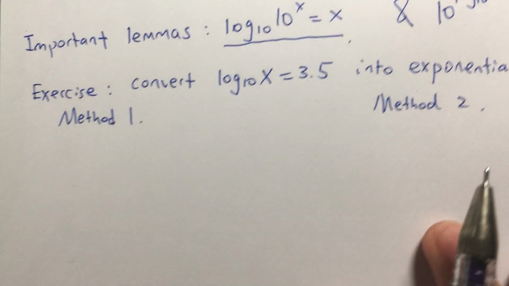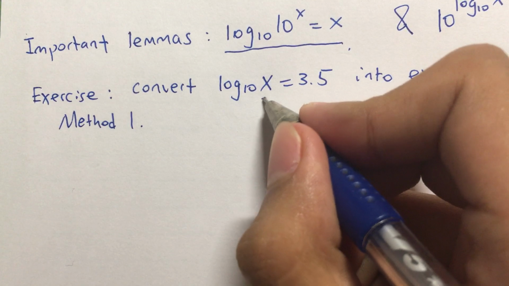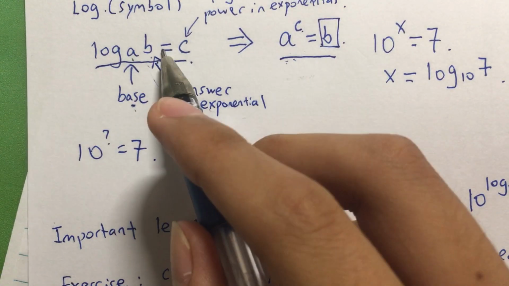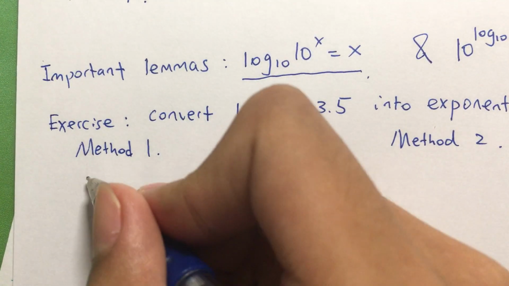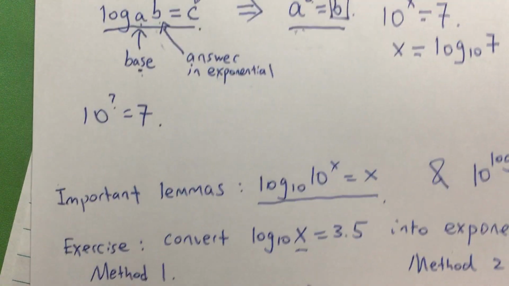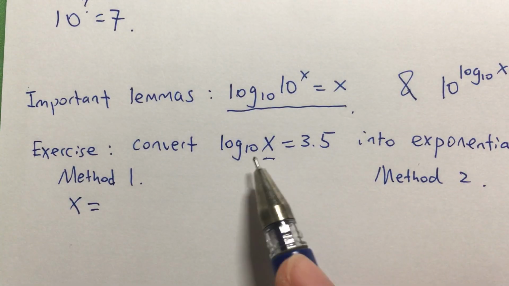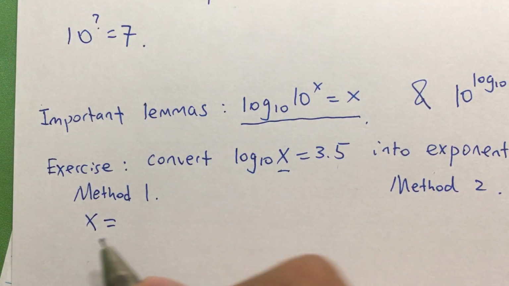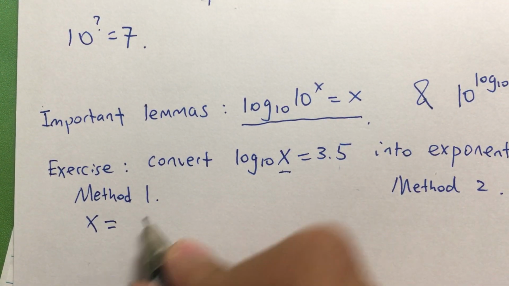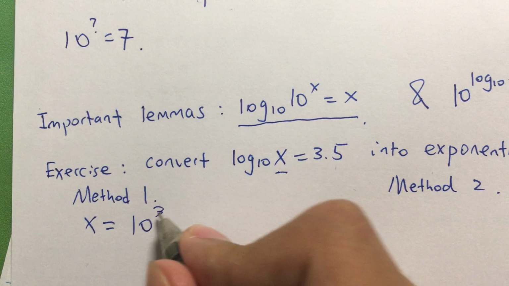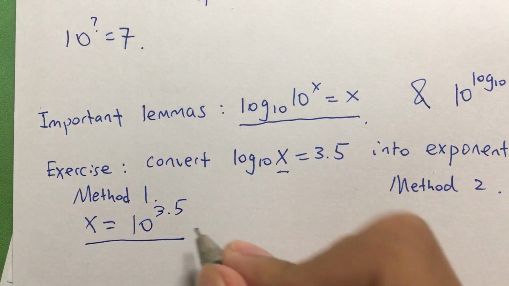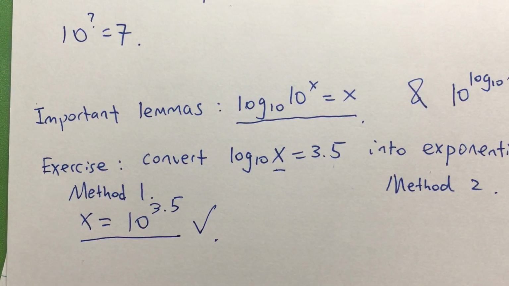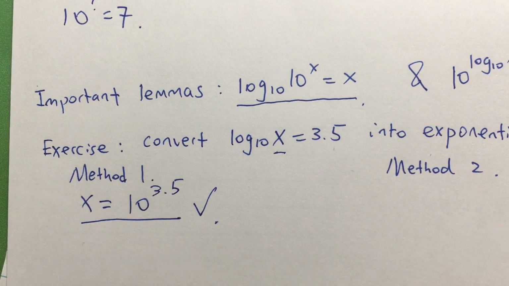So we can straightly convert this. So x is the b here, which means a is 10 and c is 3.5, which means x is equal to 10 to the power of 3.5. We can get this straightly. This is the fastest method.